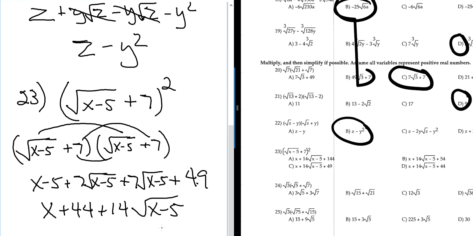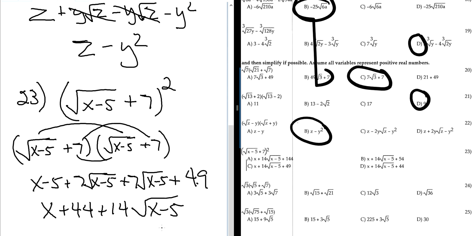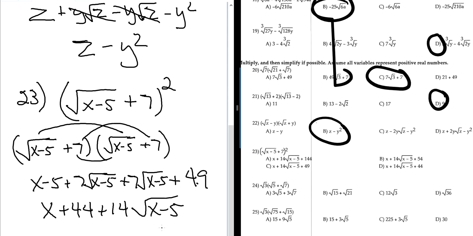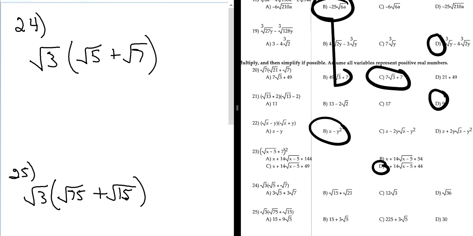And for 23, I'm going to find that one, and let's see what order they arranged it. Looks like it's going to be D for number 23. And it is. 2 more to go. All right, number 24, distributive property here.